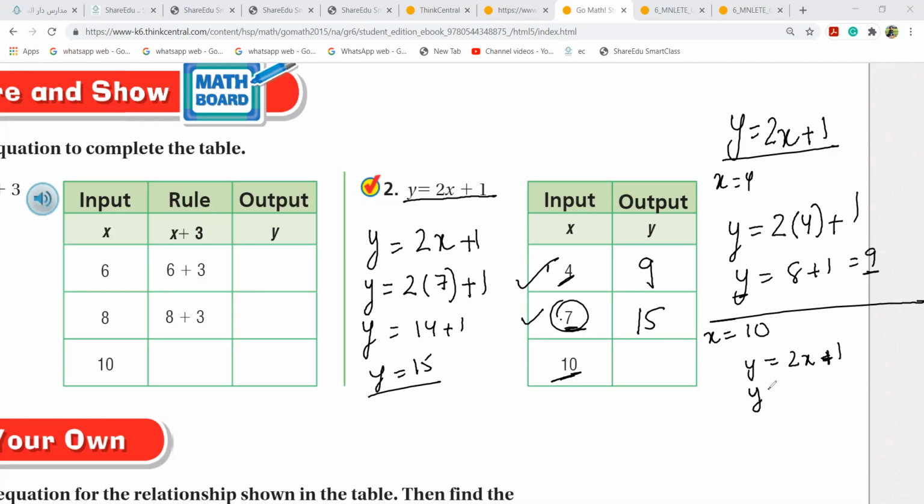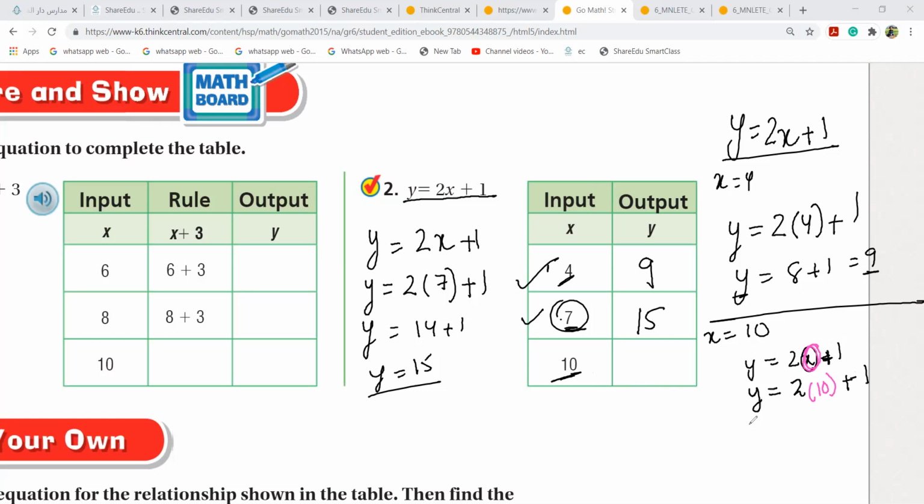It will be y equals 2, don't forget this 2, and instead of x, just this x, you need to write 10. Very good. Then copy the same thing, plus 1.